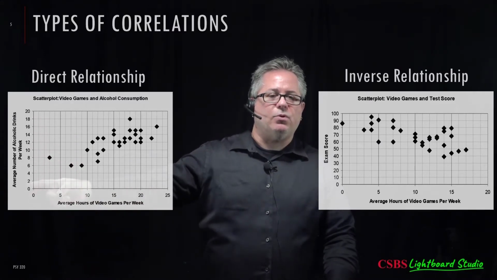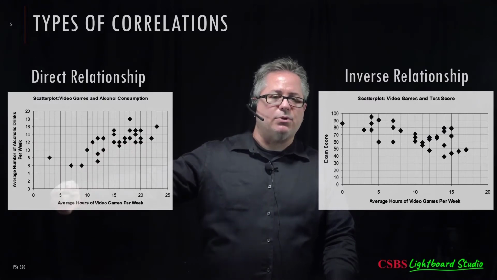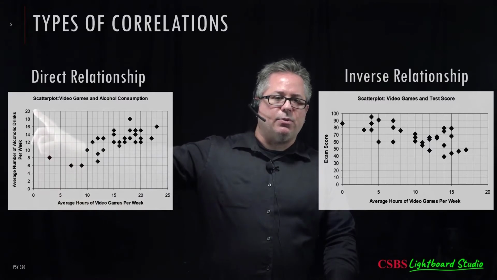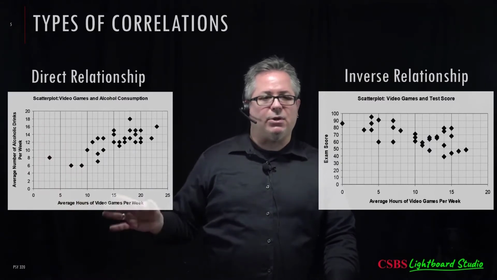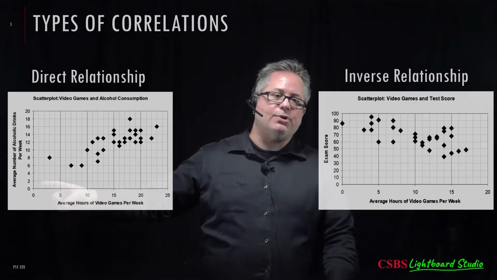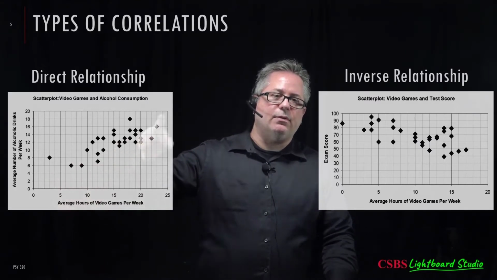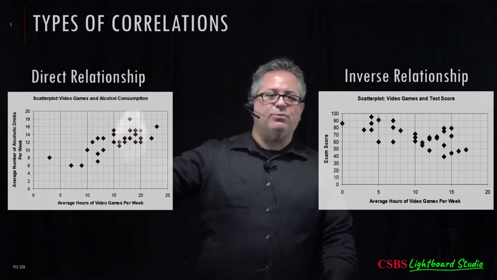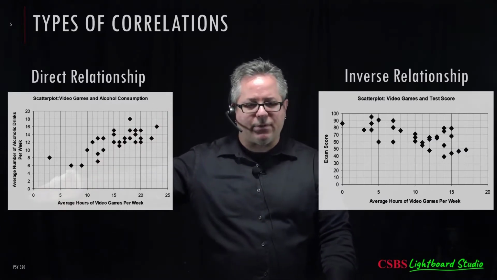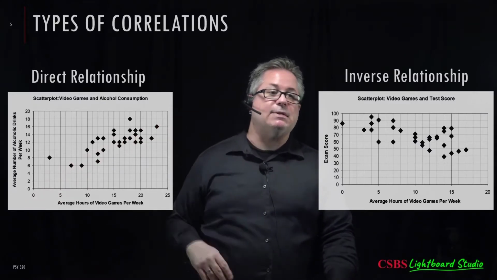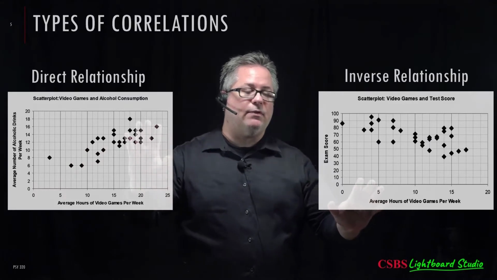So there's a direct correlation. As hours of video game play go up, the number of alcoholic drinks also goes up. And it's not perfect. It's not one-to-one, but you are seeing this general pattern from the lower left to upper right that indicates a direct relationship, that both are moving in the same direction, going up at the same time and down at the same time.